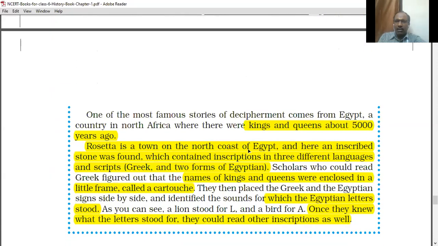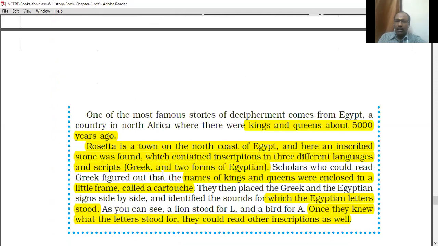Here is one of the most famous stories of decipherment, which comes from Egypt, of kings and queens about 5,000 years ago. Rosetta is a town on the north coast of Egypt, and here an inscribed stone was found, which contained inscriptions in three different languages and scripts.